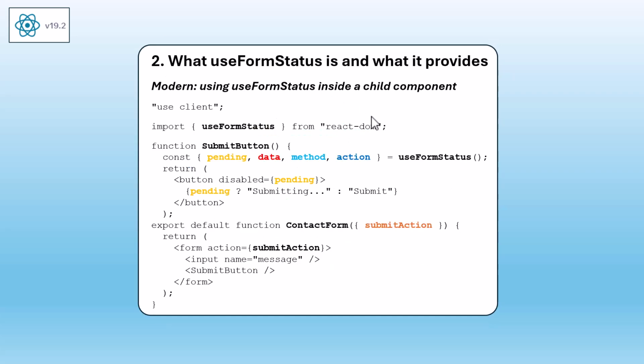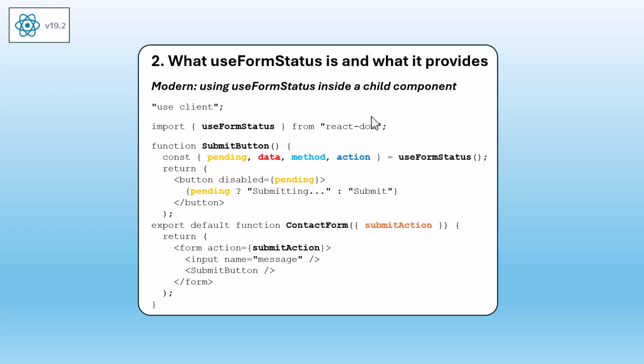2. What useFormStatus is and what it provides. useFormStatus is a hook that provides information about the status of the most recent form submission. When a user submits a form, useFormStatus allows you to know whether that submission is currently in progress, for example, reflecting a pending or loading state, and it gives access to the data being submitted, the HTTP method being used, GET or POST, and the function or action associated with the form.